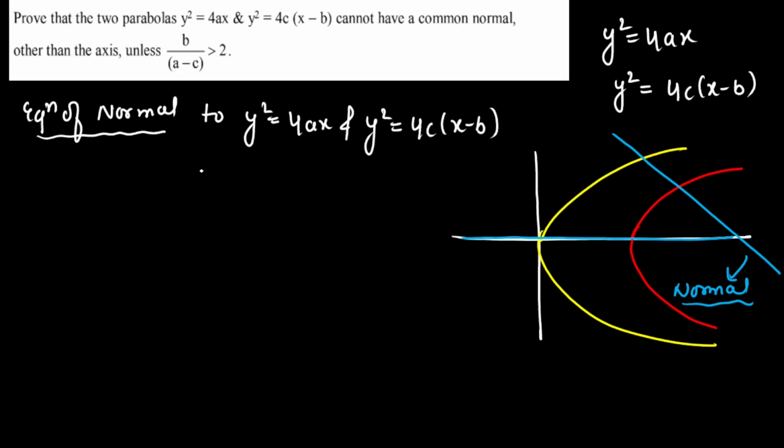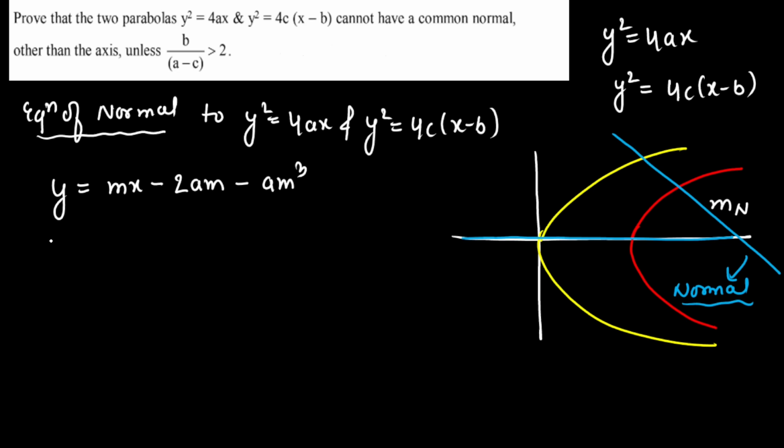So for the first parabola, let's say the slope of the normal is m. The equation of the normal will be y is equal to mx minus 2am minus am cube. I think this slope form all of you remember.